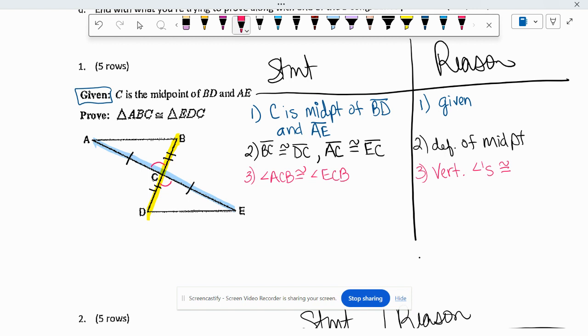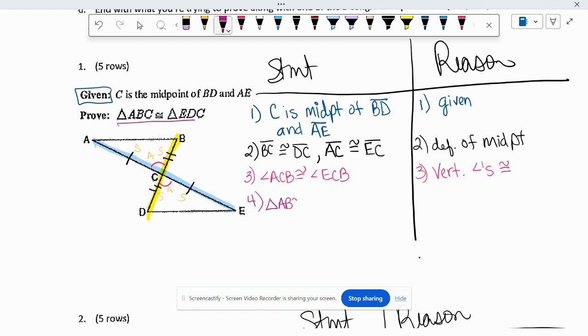So can we prove that those two triangles are congruent now? Do you have a theorem that lets us prove triangles congruent by side angle side? We do. So statement number 4 is what you're proving. You have to write it just the way it's written.